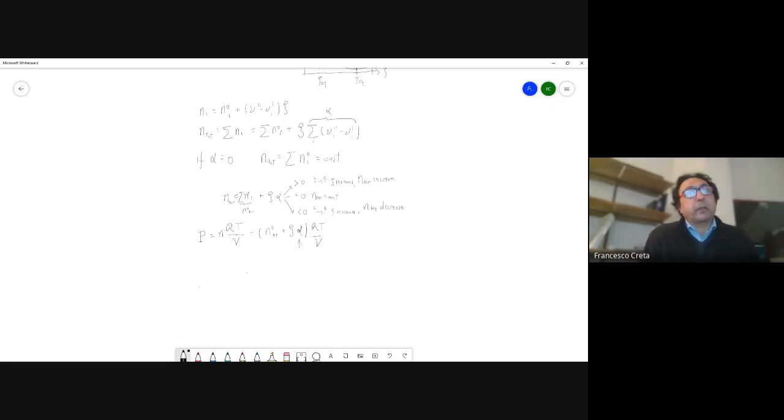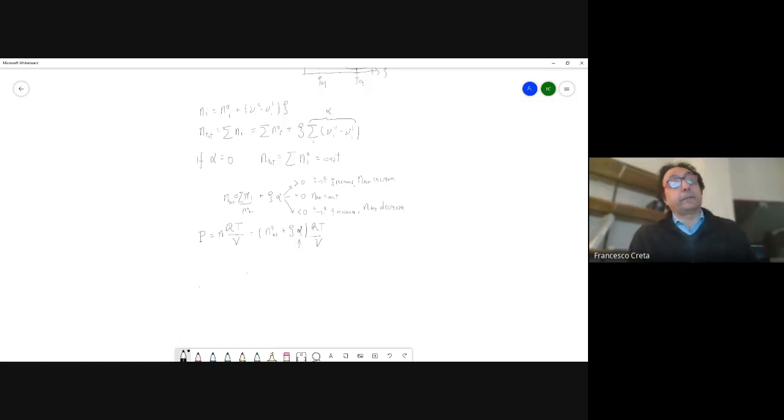And we figured out that if you have one reaction and you evaluate the total number of moles at any time, this is essentially equal to the initial total number of moles plus the progress variable times alpha.